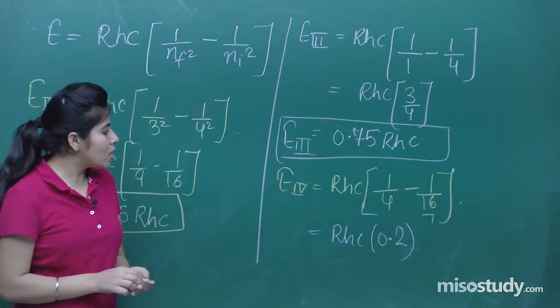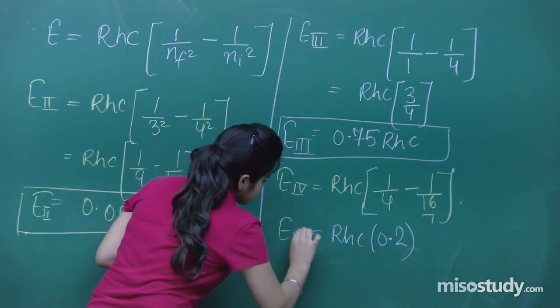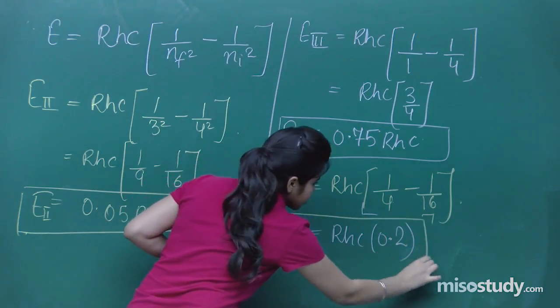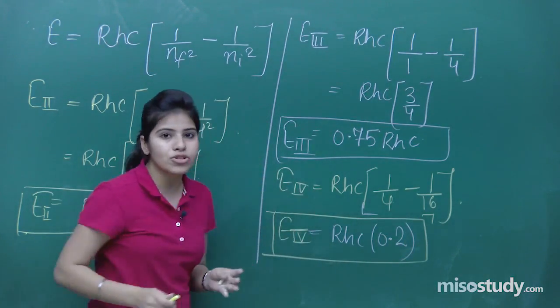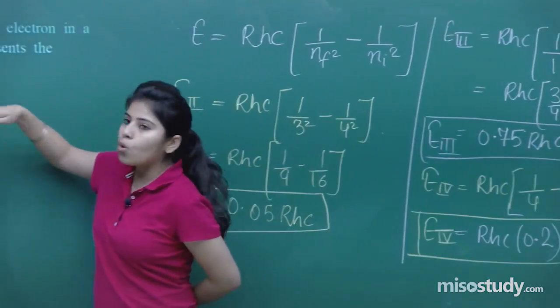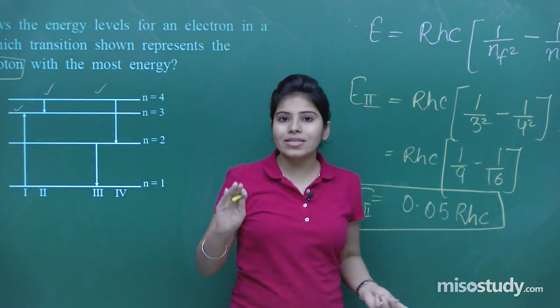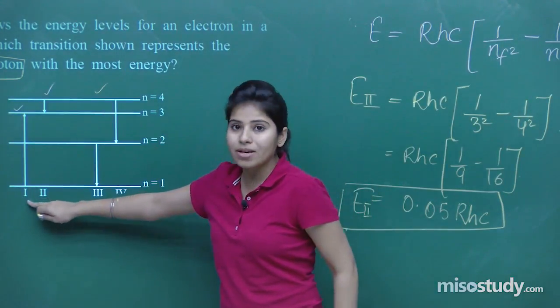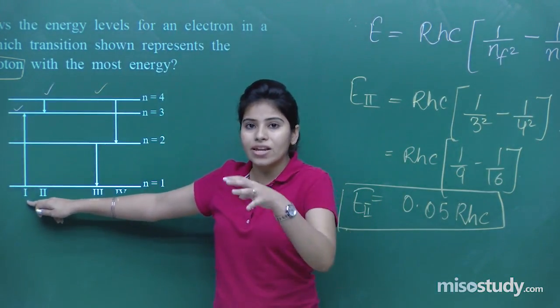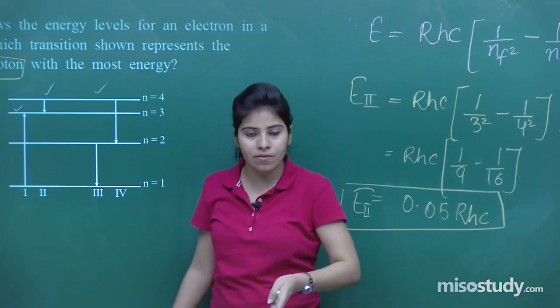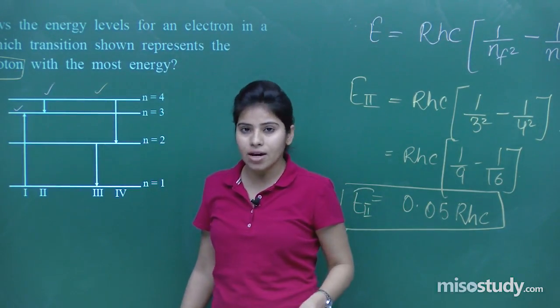Now, what you can observe from here is that we have to tell which is the most energy. Here, one thing that I have ignored was the first one, because in this case your energy will come out to be negative. So that option will be directly deducted.